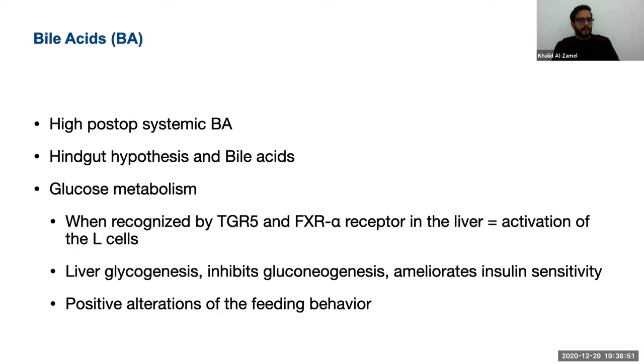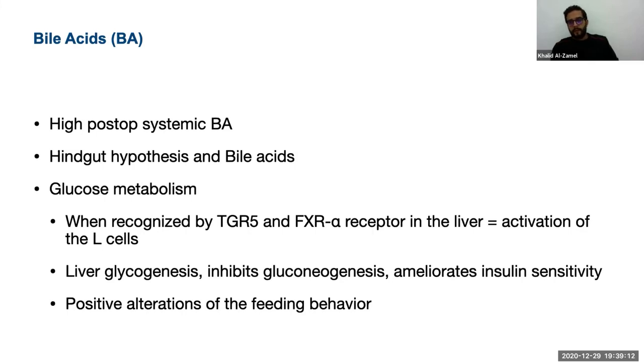It is involved in the hindgut hypothesis in a way that I will explain now. When bile acid is recognized by the TGR5 and farnesoid X receptor, FXR, in the liver, it will activate the L cells.